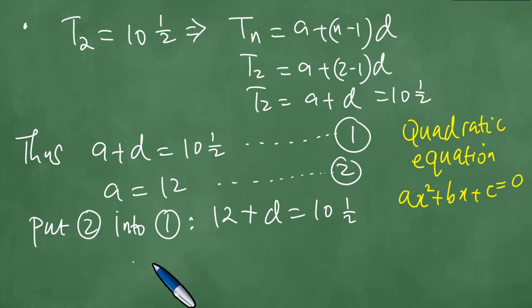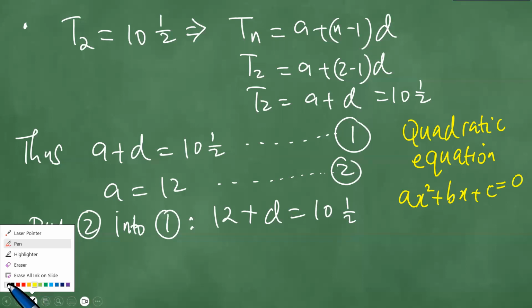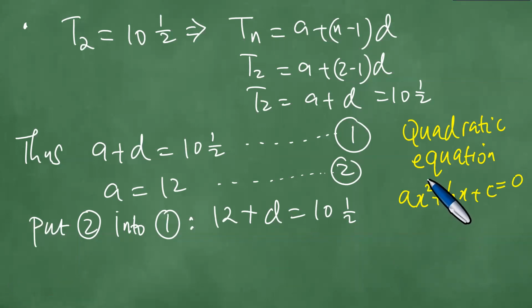Why is it quadratic? Quadratic means that it has degree 2, so it is called the quadratic equation.